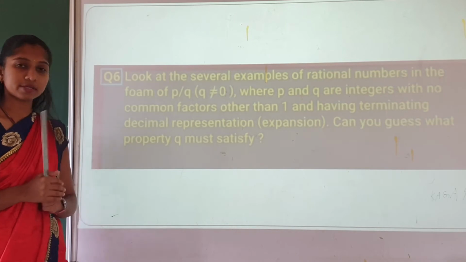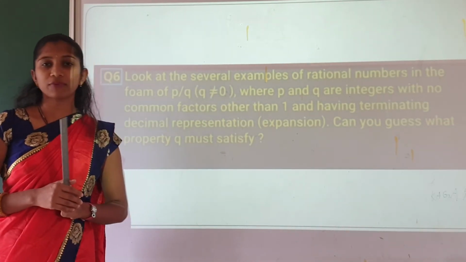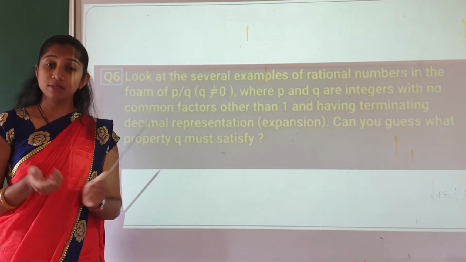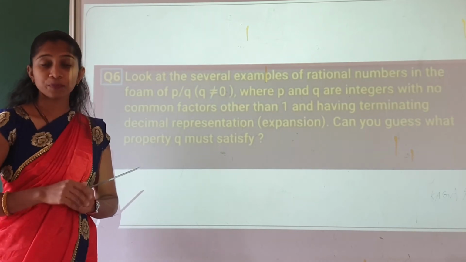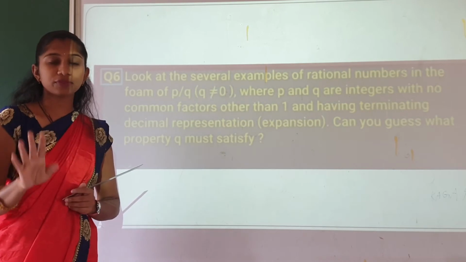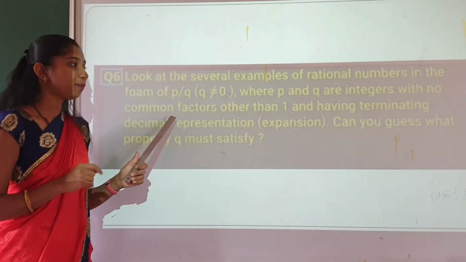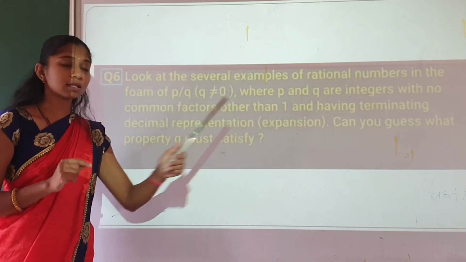Let's come to the sixth problem. Look at several examples of a rational number in the form p by q. In the question they are not giving any rational numbers for you. You only have to take a few rational numbers of the form p by q, with one condition: no common factor other than 1.